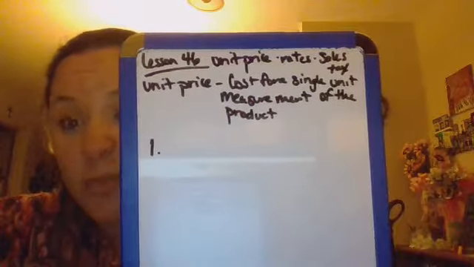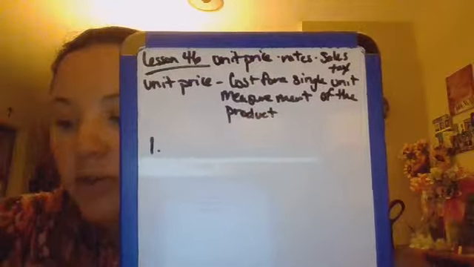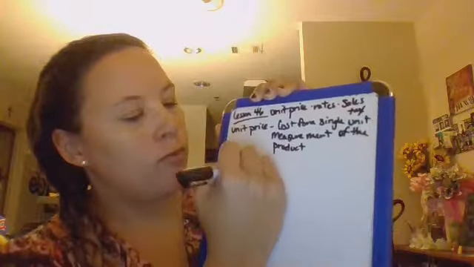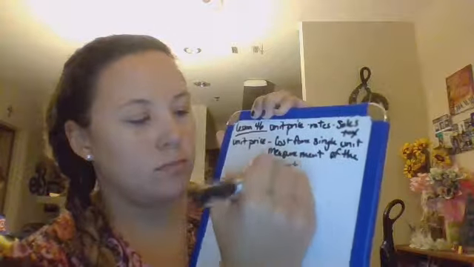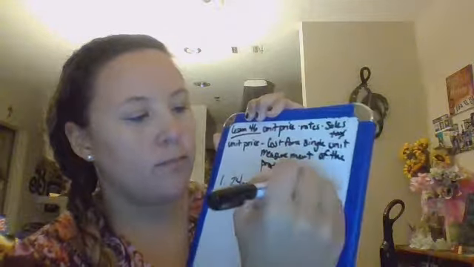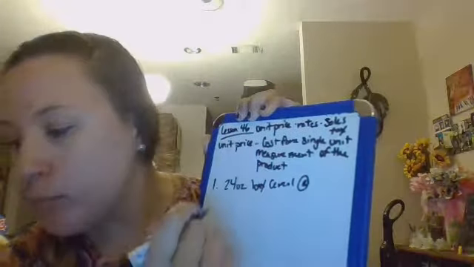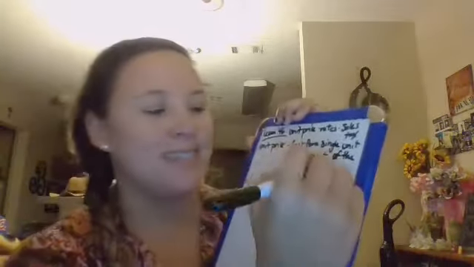So our first problem is that we're going to find the unit price for a 24-ounce box of cereal at $3.60.